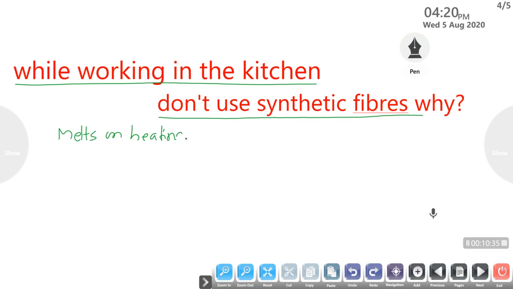That means it easily catches fire. For synthetic fibers, it easily catches fire, and when it catches fire, it melts on heating. If clothes can catch fire, it can lead to disasters.